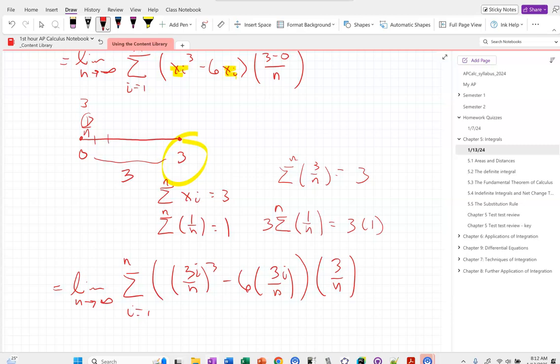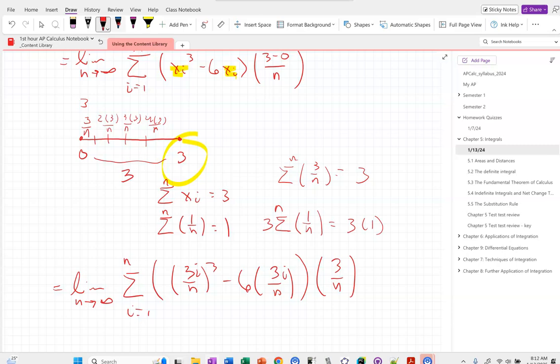So the next subdivision here should be at 2 over n. Well, I should say, this is 3 over n. This would be 2 times 3 over n, and then 3 times 3 over n, and then 4 times 3 over n. Right?